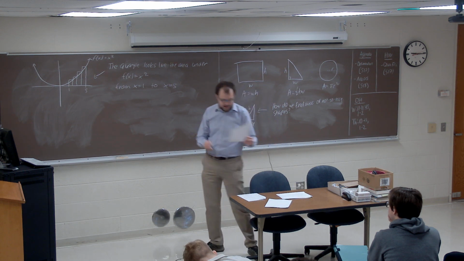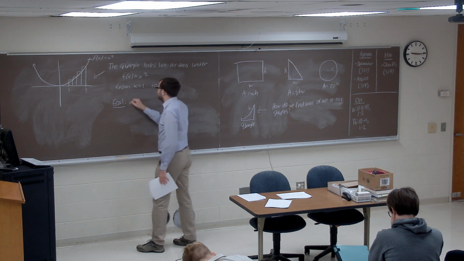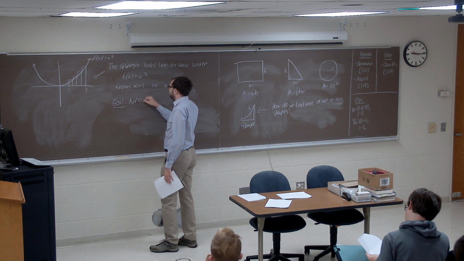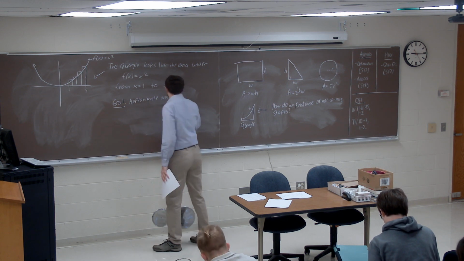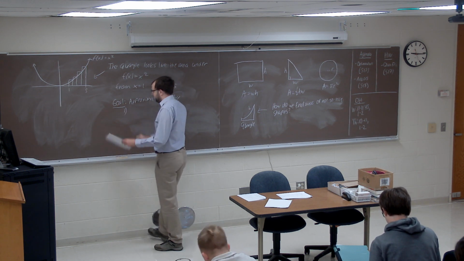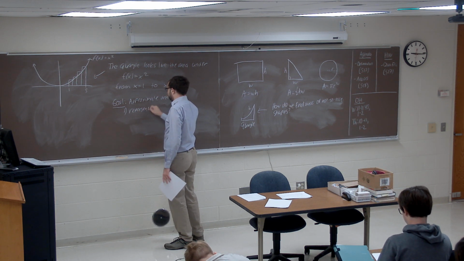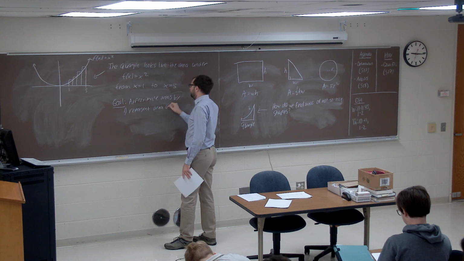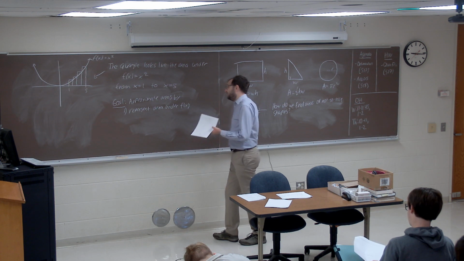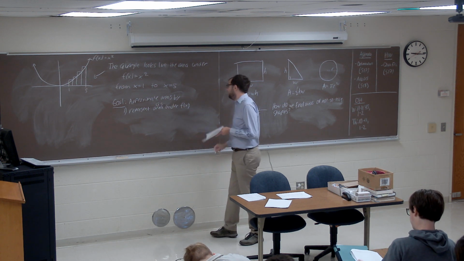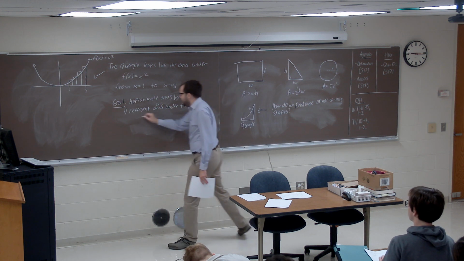So, some of what I just said. The goal is to approximate areas. And the way we're going to do it is we're going to represent the area as the area underneath some function f of x from x equals a to x equals b.